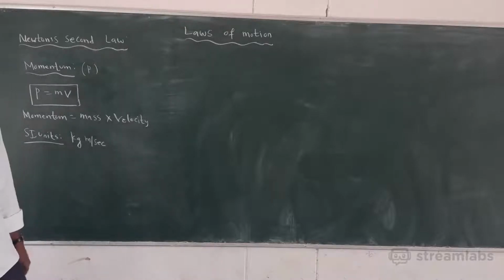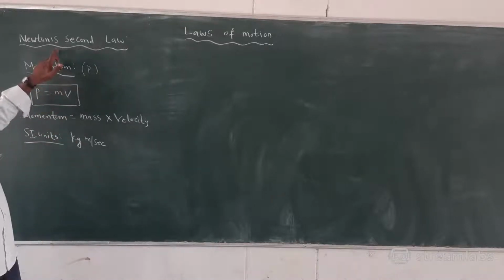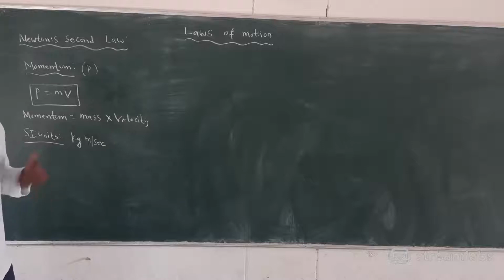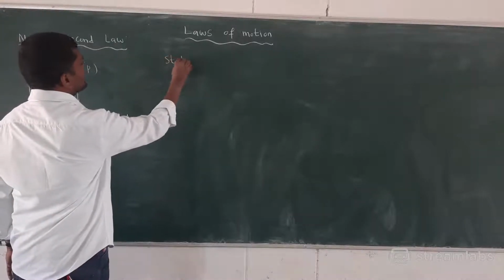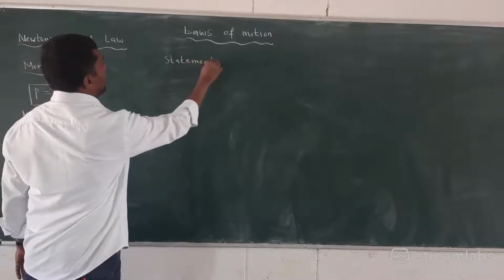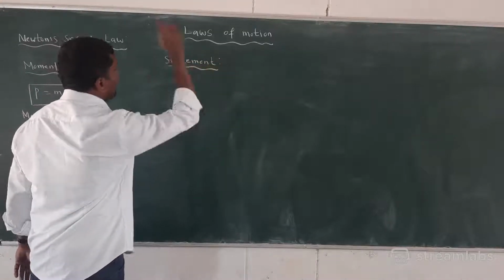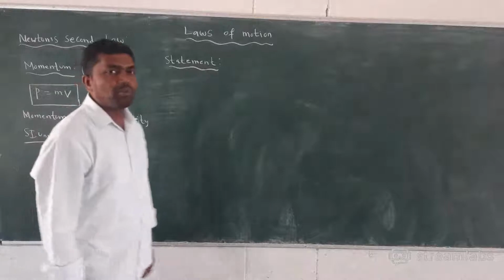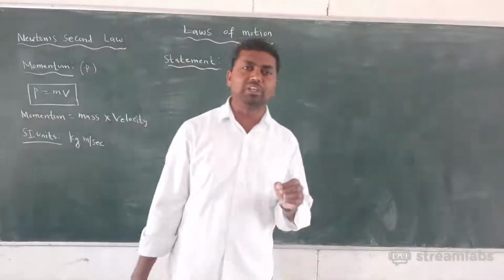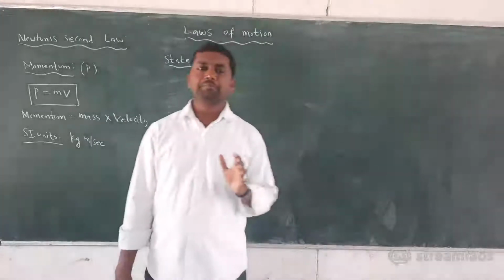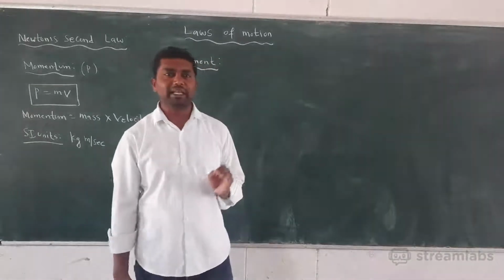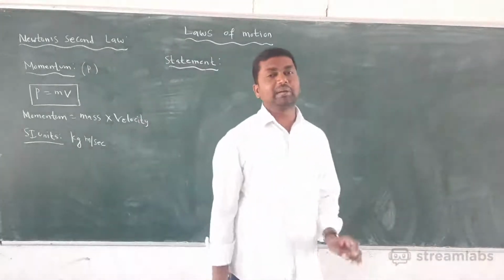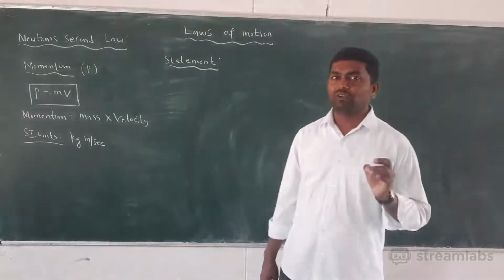Now our topic is Newton's second law. We will derive the statement of Newton's second law, where the momentum of the object is represented by P, the mass of the object by m, and the velocity of the object by v.